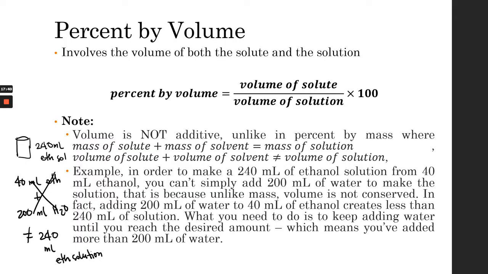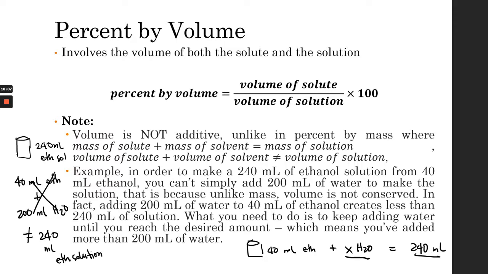So you start with 40 ml of ethanol and then you keep adding H2O until you get 240 ml. The end goal is to get 240 ml of the solution that you want. The amount of water depends on what it takes to reach your desired volume.